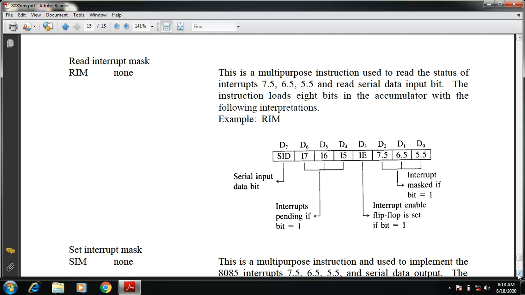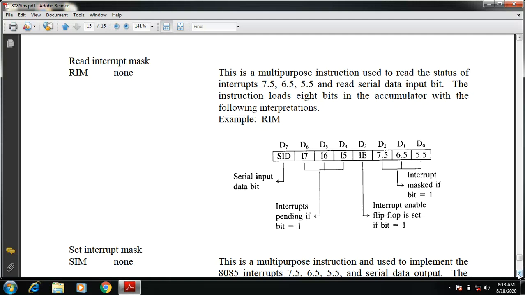D0 is RST 5.5, D1 is 6.5, D2 is 7.5. These three bits D0, D1, D2 are interrupt masks, bit equal to 1, called maskable interrupts.